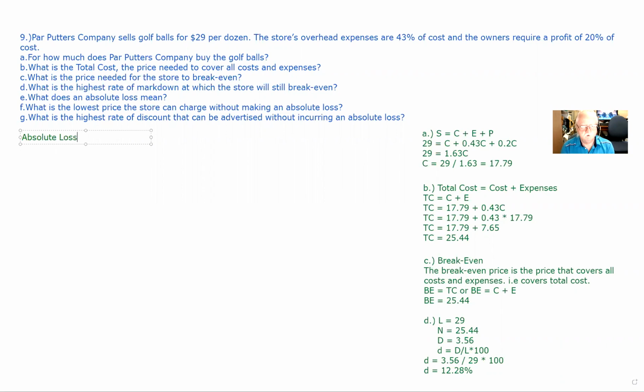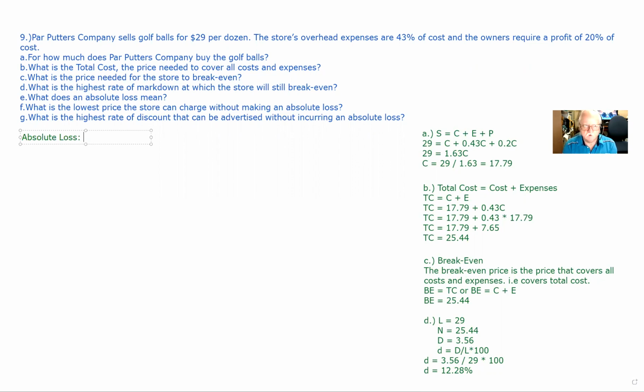Absolute loss. I used to think it meant you woke up on Sunday morning and couldn't find your vodka, but apparently that's not what it means. What they refer to here is any price that is lower than the price that you paid for the product.